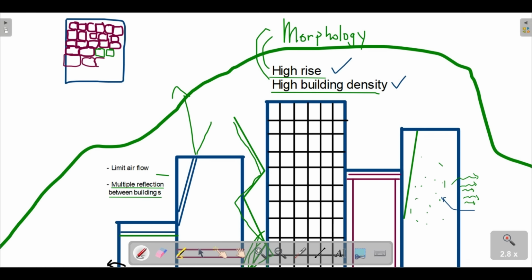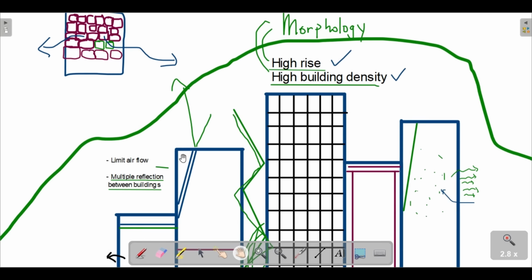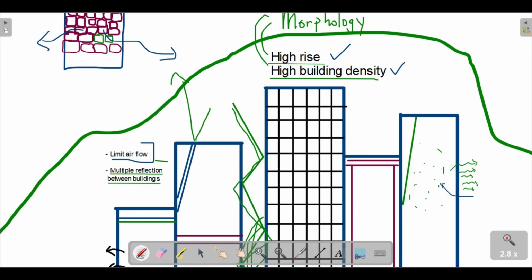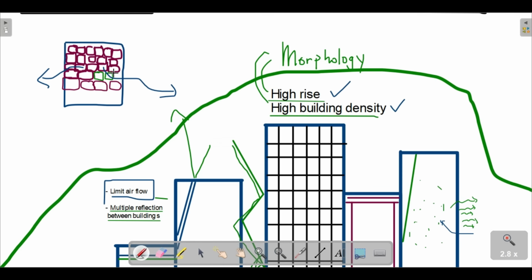How do we remove that air when you have a lot of buildings? It's difficult for air to flow out of these areas, because there's a lot of buildings, a lot of obstructions, a lot of barriers, so to say, which limit airflow. So high building density limits airflow, and hence this warm air remains in this urban area and cannot escape because of high building density.